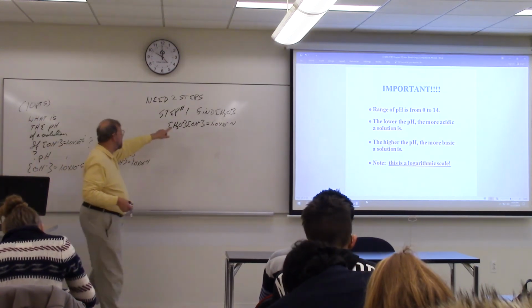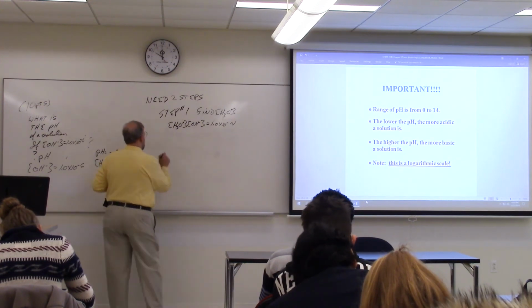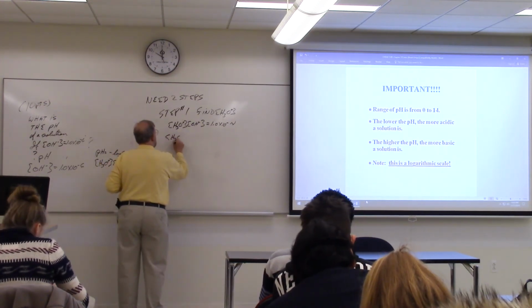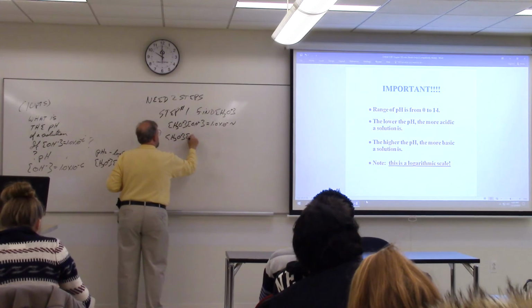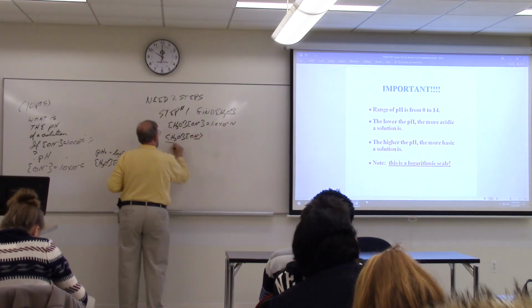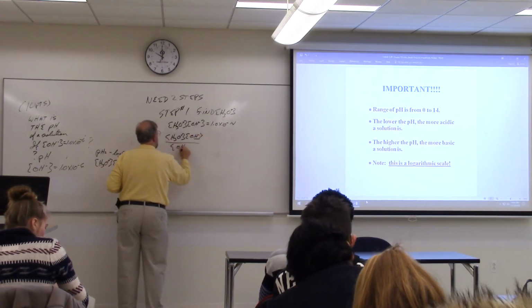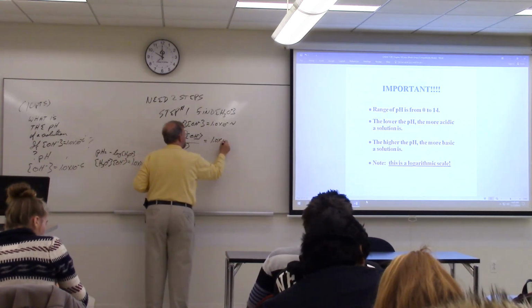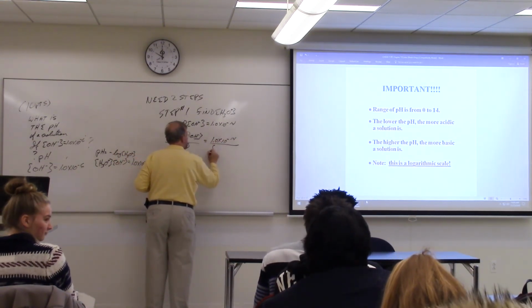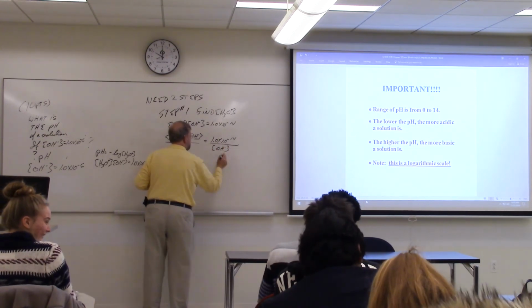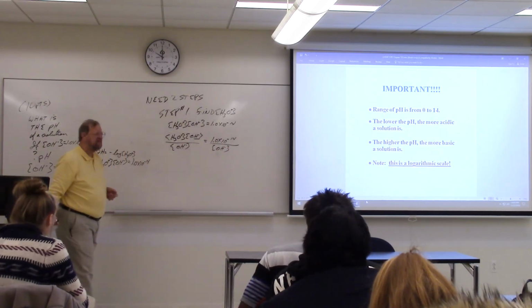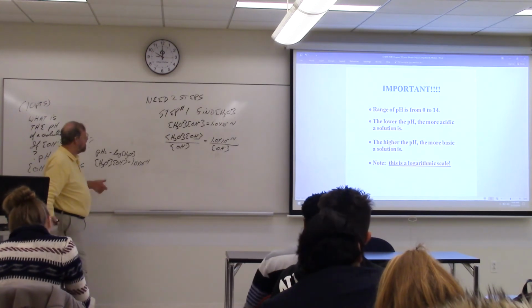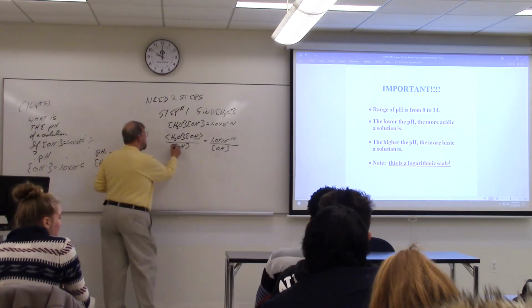So how do we get rid of hydroxide? Divide by it. Whatever you do to one side, you have to do to the other, which I have done. Now, this cancels out.